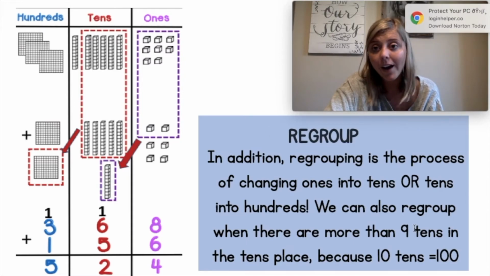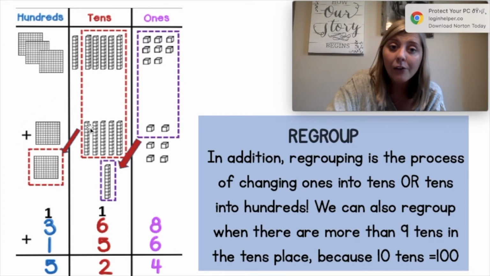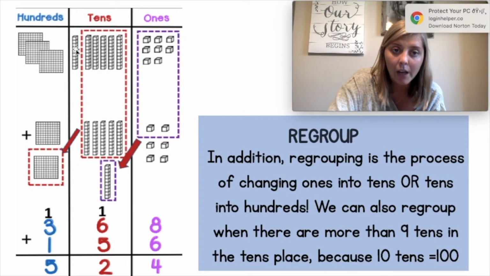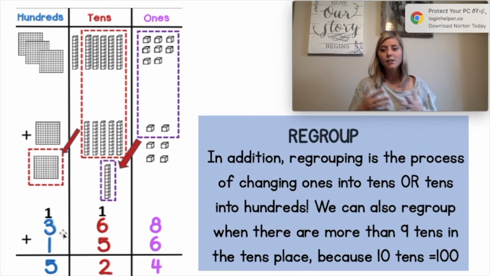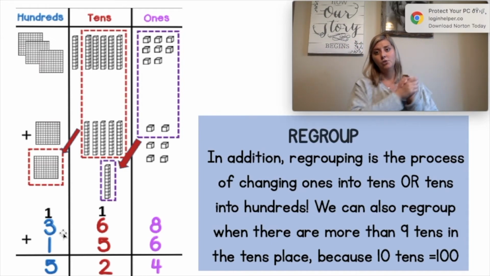That's more than 9. So we're going to have to take 10 of those tens and put it in the hundreds place. So after I take these 10 tens and make 100, I'm going to have 2 tens left. And then I count my hundreds. 3 plus 1 is 4, plus 1 more is 5. 10 tens make 100. So if you have 10 tens, you get to make 100.